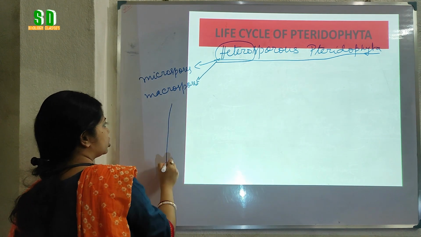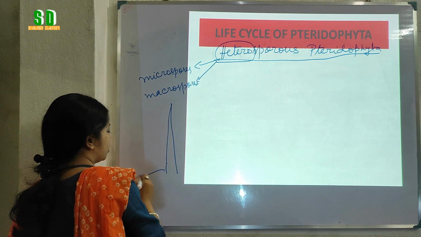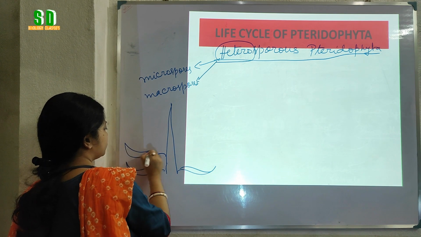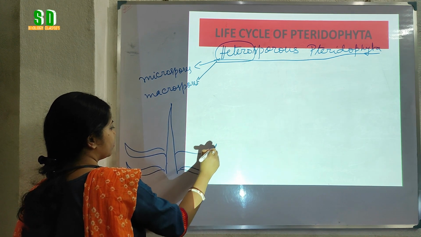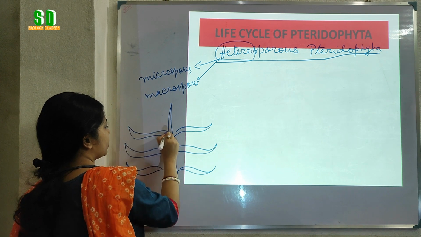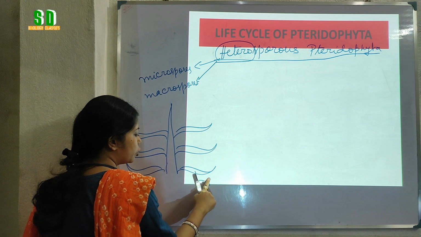If we cut the section of the strobilus or the cone, we can see this type of structure. In the same cone, these are the sporophylls.